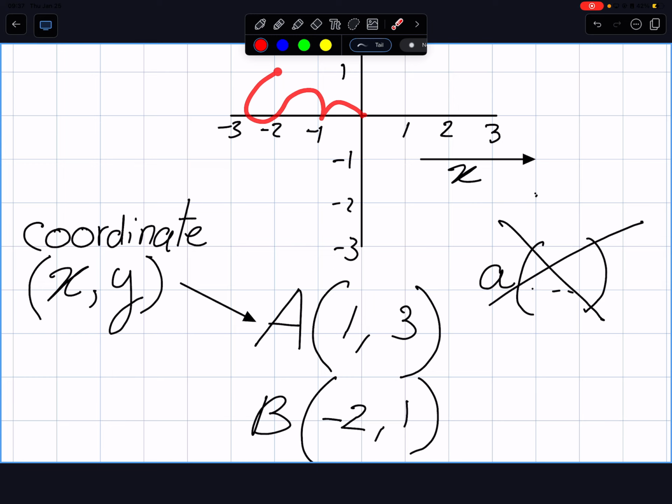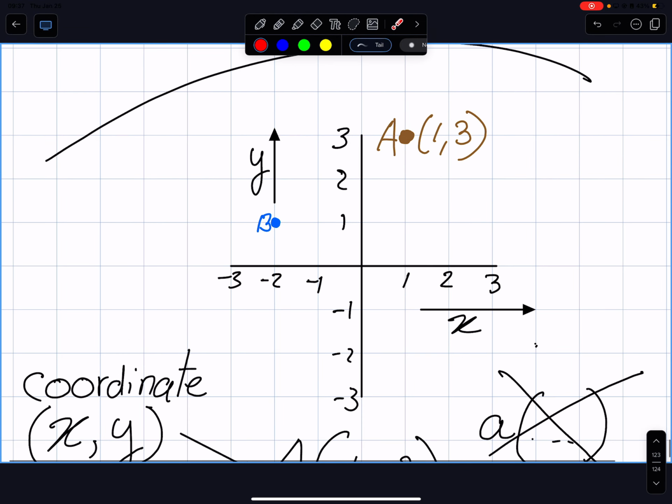Minus 2, and then 1. I'm here. This is B. You move always in the x-axis first. You move horizontal first, and then you move in the vertical.